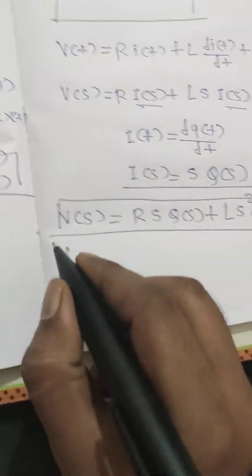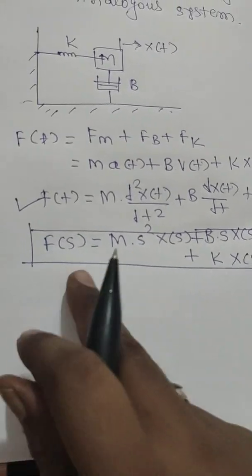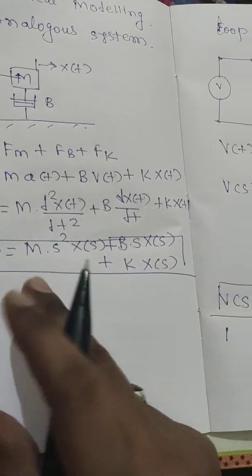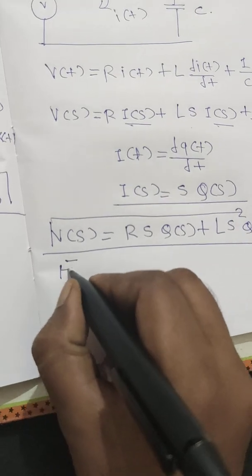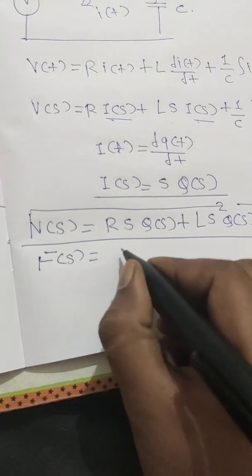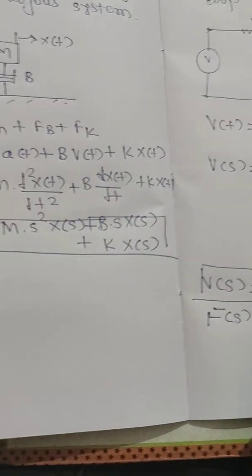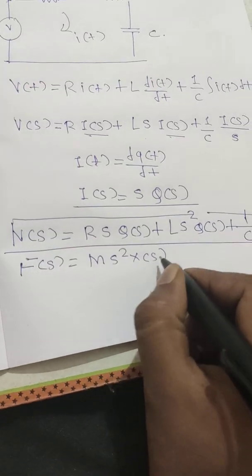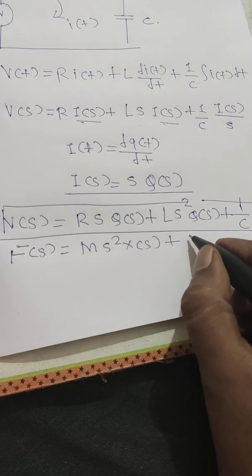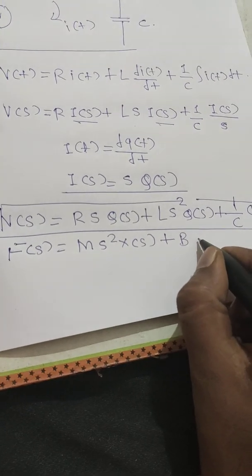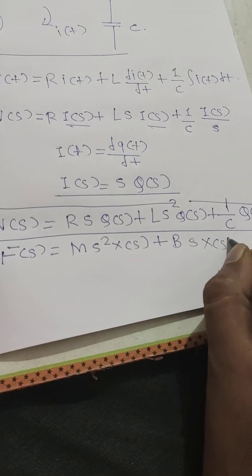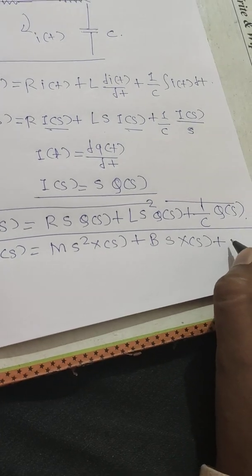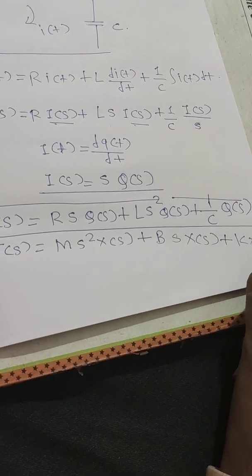So remember our mechanical equilibrium equation. F of s is equal to m into s square into x of s plus b into s into x of s plus k into x of s.